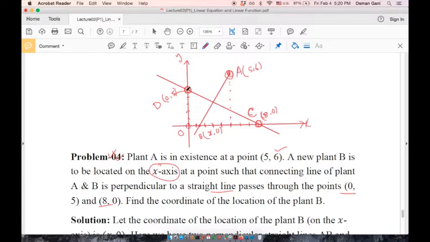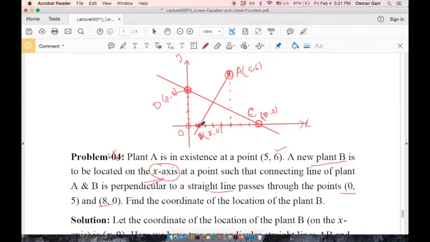Therefore you first need to draw CD, then from A you need to draw a perpendicular line, and this line cuts the x-axis at this point, and this is the location of plant B, because it says a new plant B is located on the x-axis.